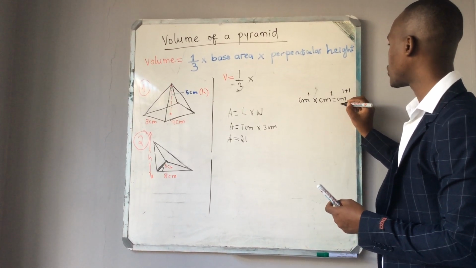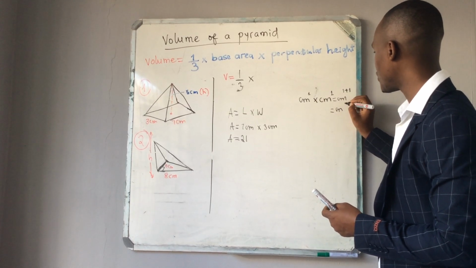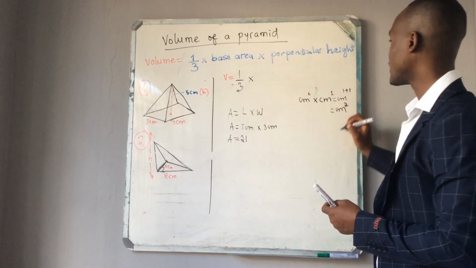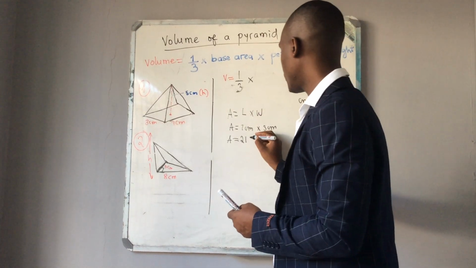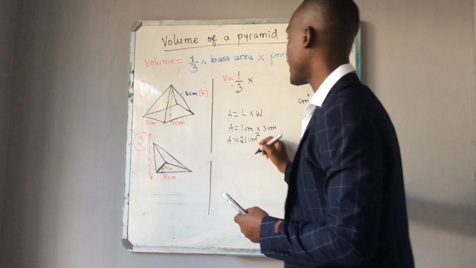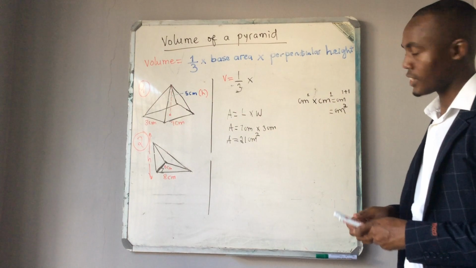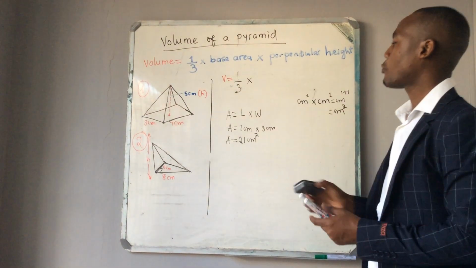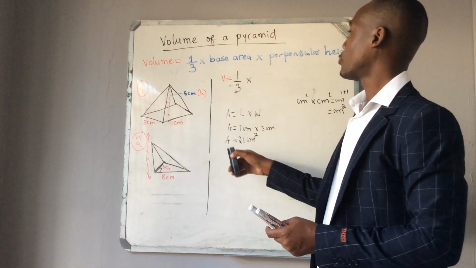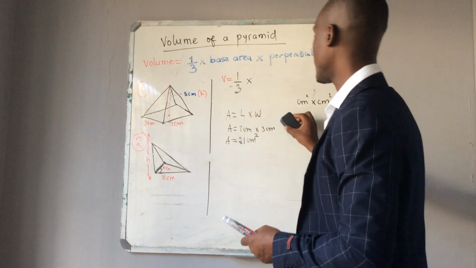So 1 plus 1, which is 2. So this gives us centimeters squared in this case, and that's the value of the area of this rectangle.